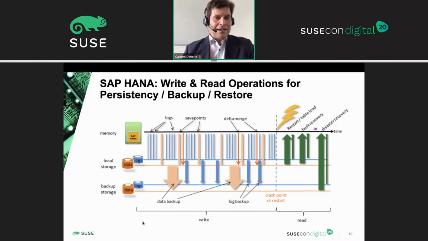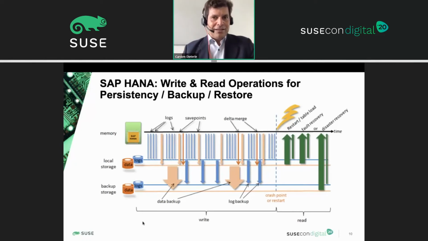And you see HANA is as well working as a database, providing logs. They have to collect all the updates and deletes and inserts for the database, and that means all the changes and as well the save points where we save the changed data in the memory back to disk.